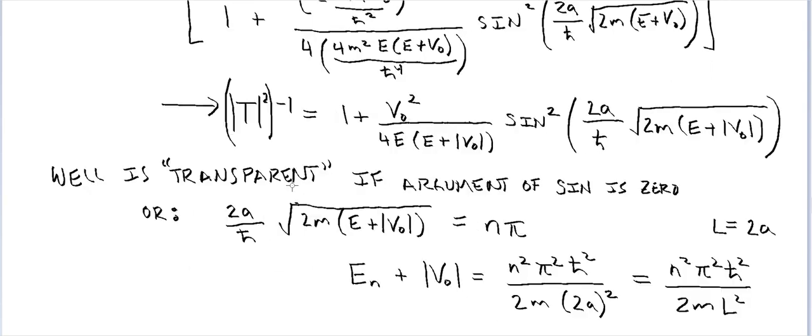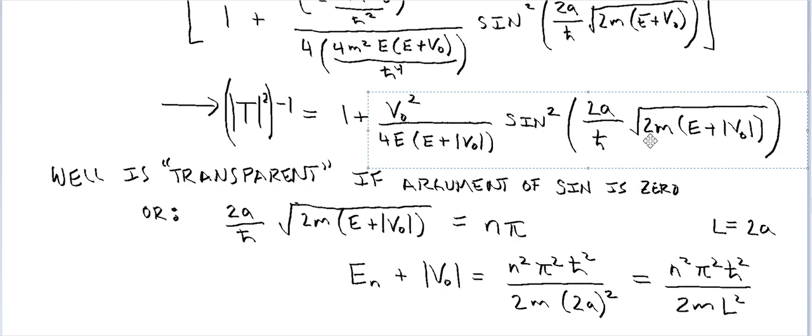And so I want to know when is the inverse of T² equal to 1. Well, it'll equal 1 anytime the rest of this goes to 0. This prefactor can't go to 0. And so what we need is sine squared of the argument to go to 0.